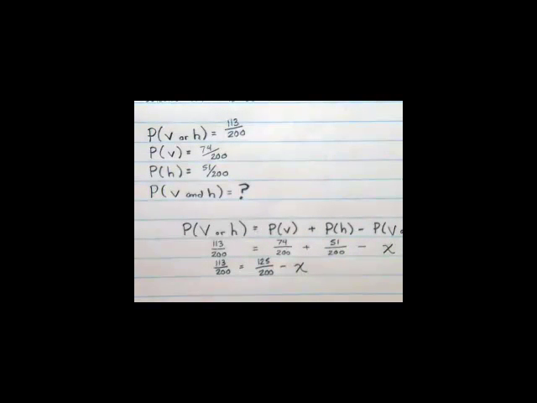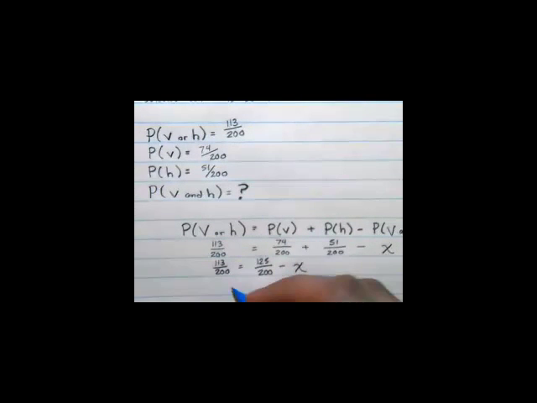Okay, so what now? All of you algebra people. Okay, what's 113 minus 125? Negative 12. So we get negative 12 out of 200 equals negative x, right?